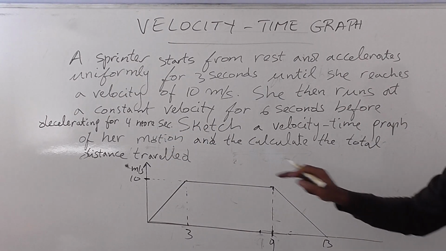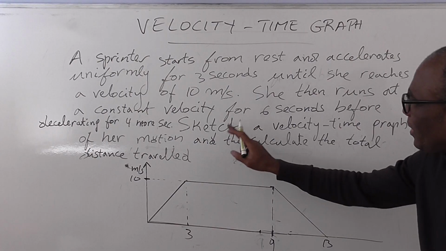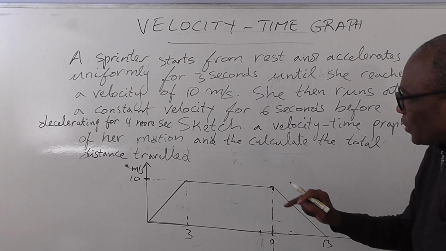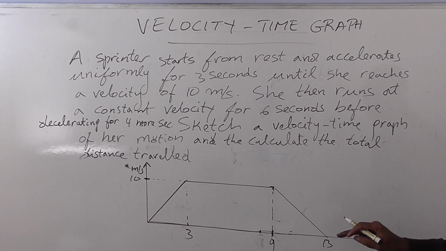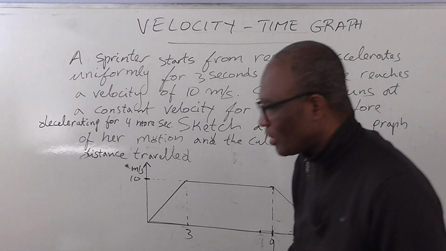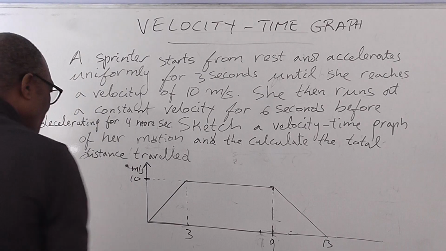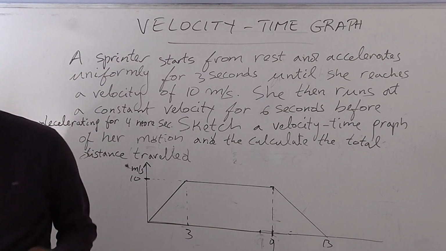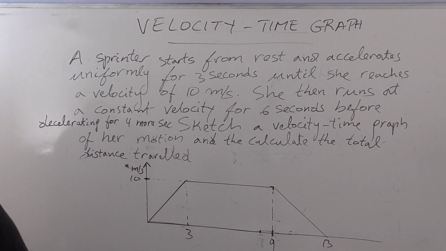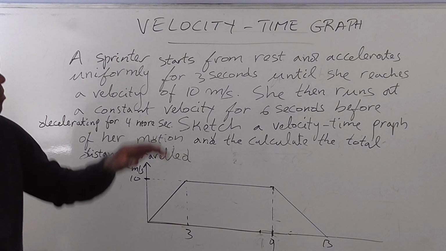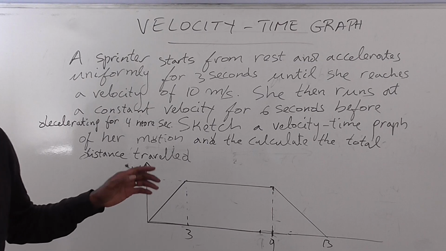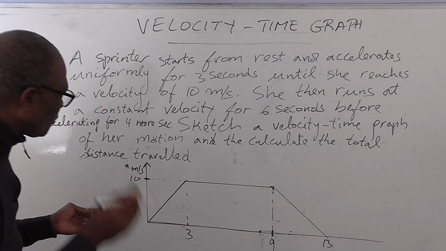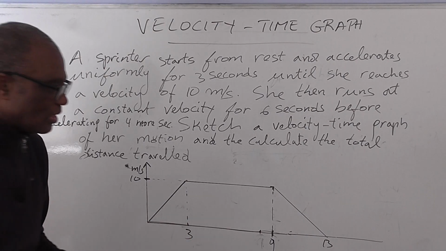Stop. Then sketch a velocity-time graph of her motion and then calculate the total distance traveled. Now, I said that the question was asked in Leaving Certificate 2016, but I modified it here. Here is modified.